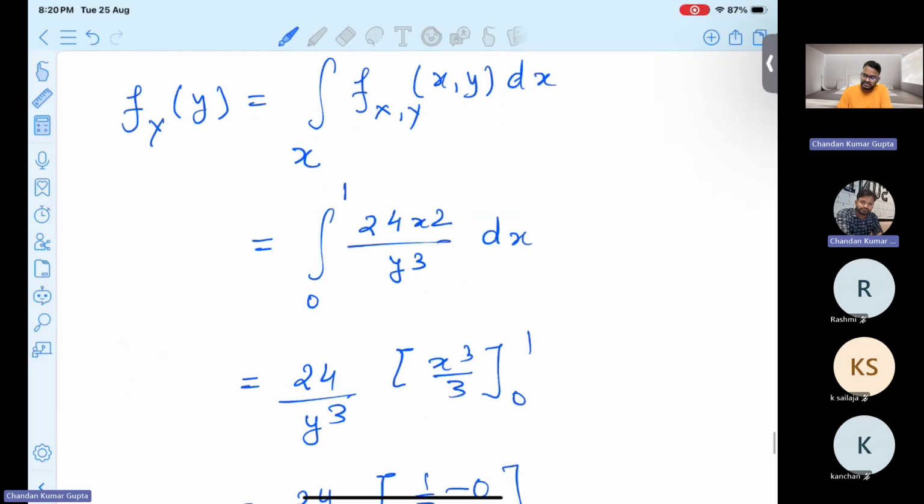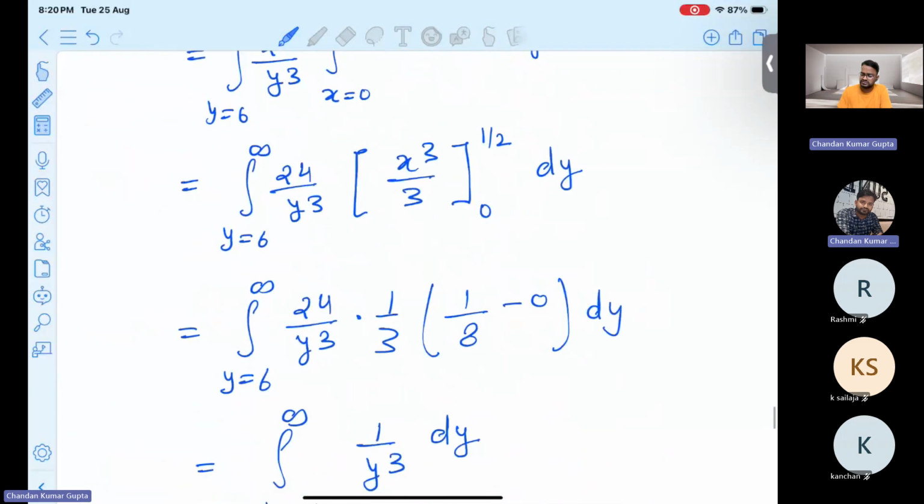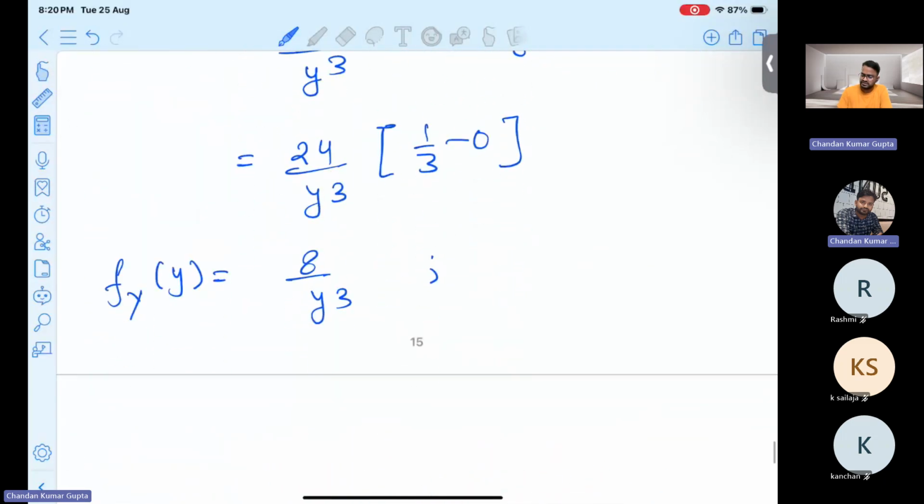The range of y is something greater than 2, yes, y is greater than 2. So this is our marginal PDF of the random variable y.